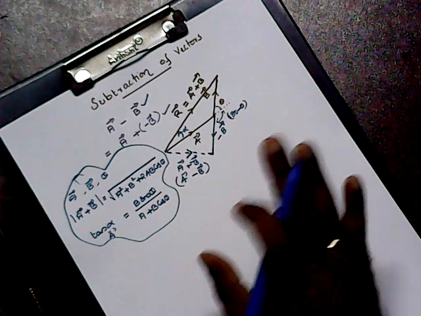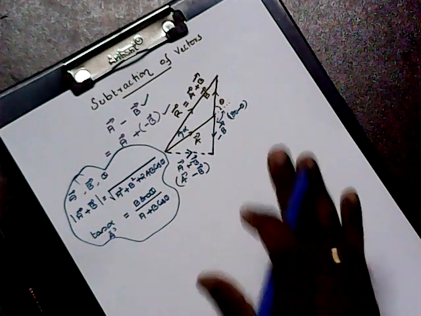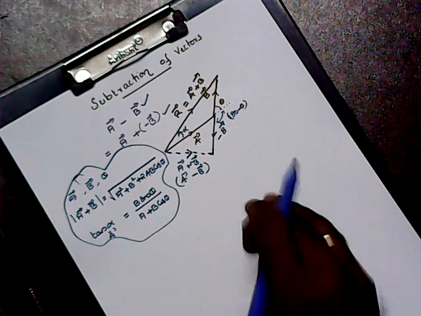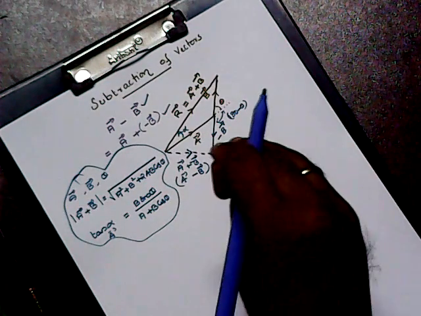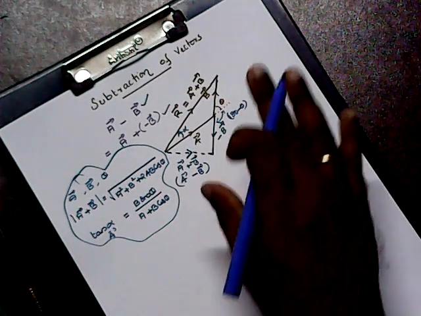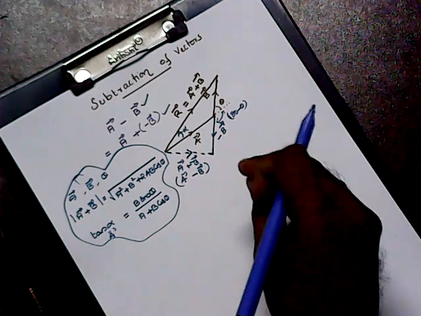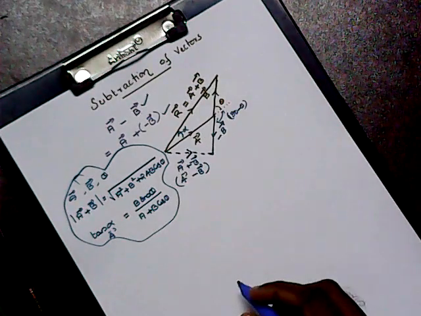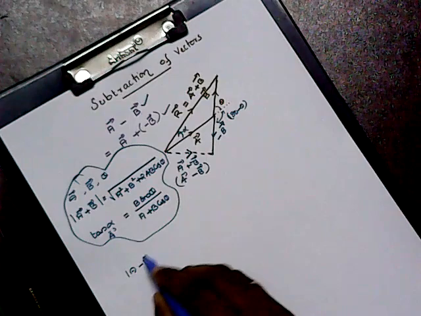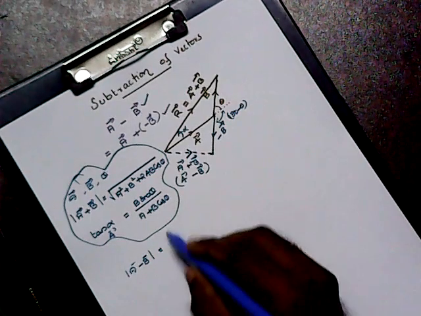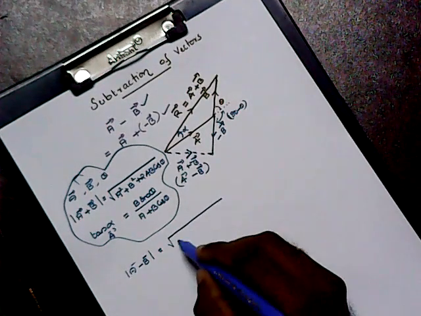So keep in mind, while subtracting vector b from a, we change only the direction of b when we compare with the addition process. So to find the value of modulus a minus b, you have to change the angle theta.